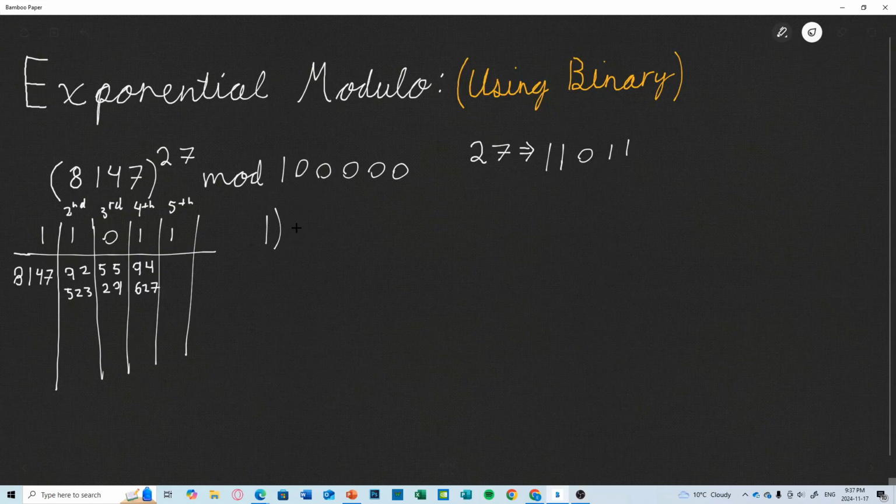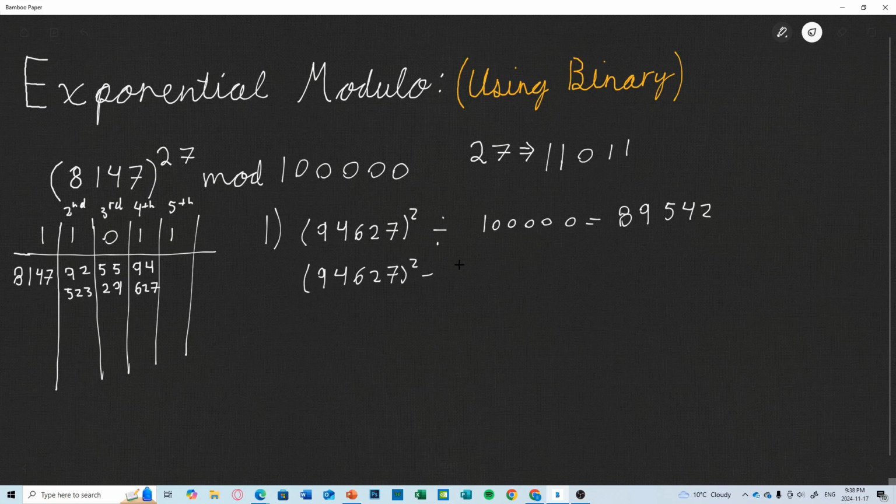So just like what we've been doing, we're going to take our answer from our previous column, which is 94,627, put it to the power of 2, and take it modulo 100,000, which is our step process for modulo, our number divided by 100,000, which will give us 89,542, ignoring the decimals.